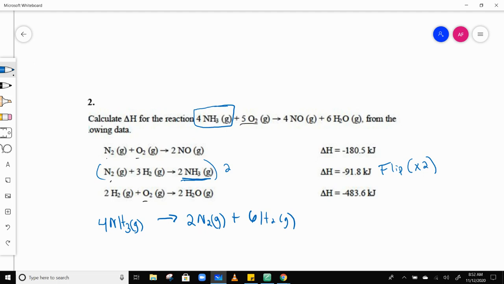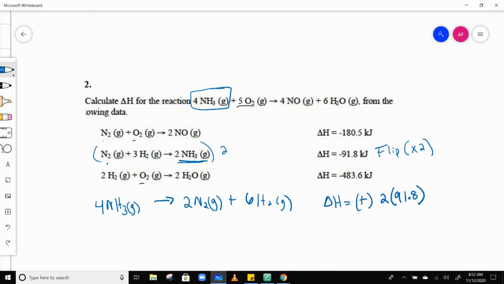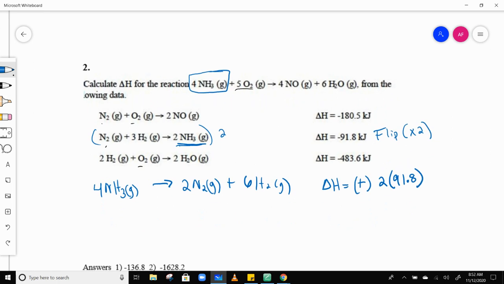And our delta H now is going to be opposite and multiplied by 2. So our delta H is now positive 2 times 91.8. I just leave it like that for now because I don't feel like taking out my calculator. Okay, so we're good with that.